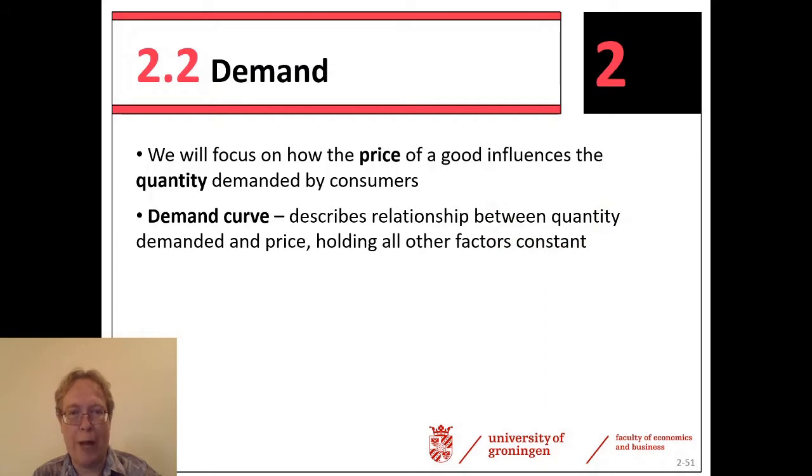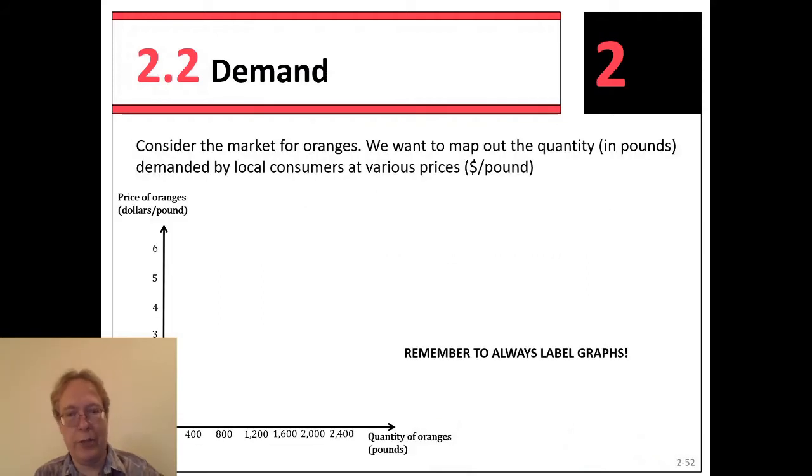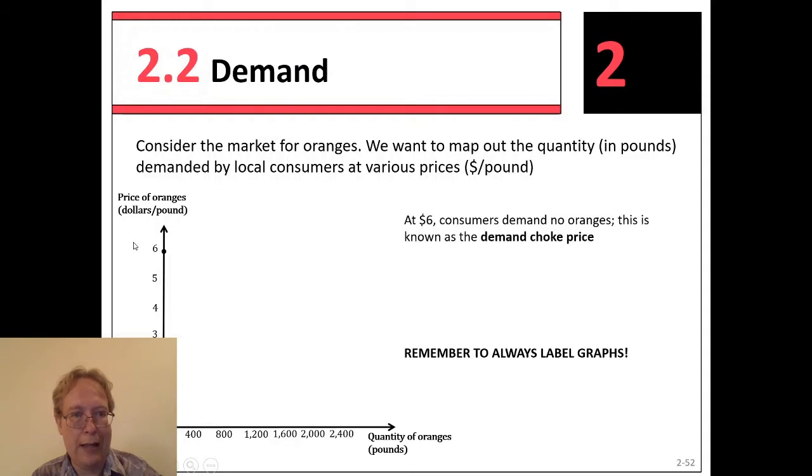That's going to describe the relation between the quantity demanded and the price, holding all other factors constant. So here is one, right? So here we have not tomatoes but oranges. On the horizontal axis we put the quantity, on the vertical axis we put the price, and then we can draw a curve.